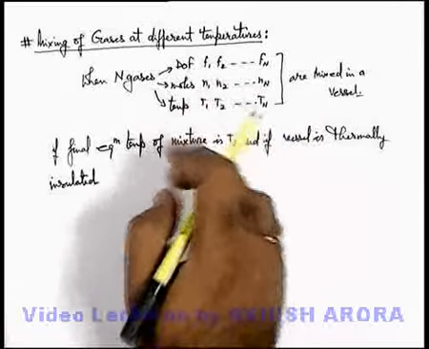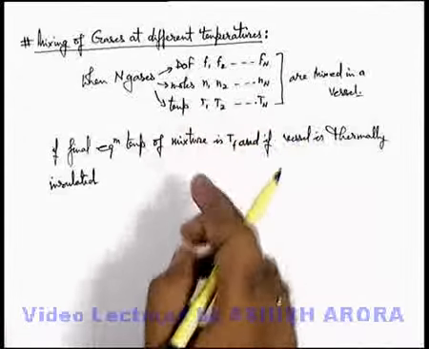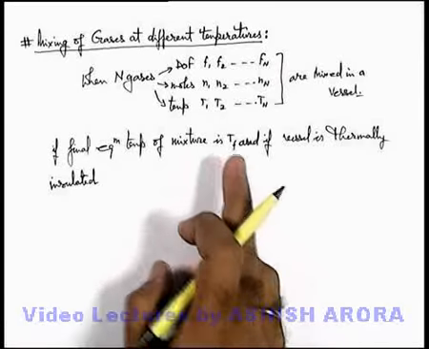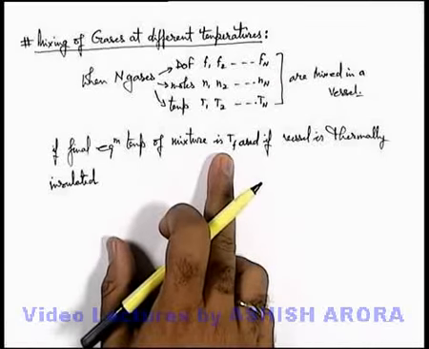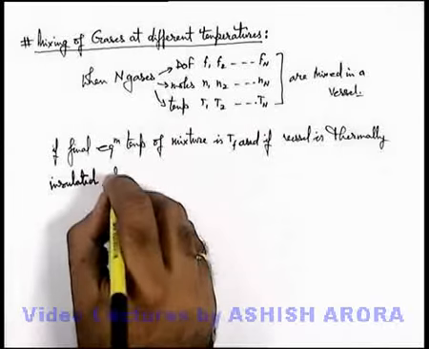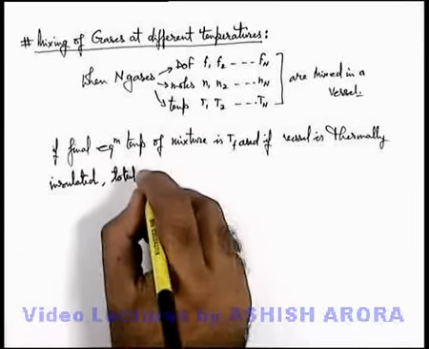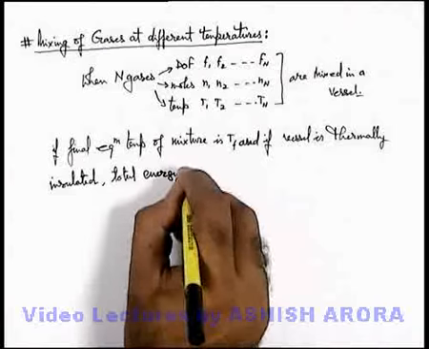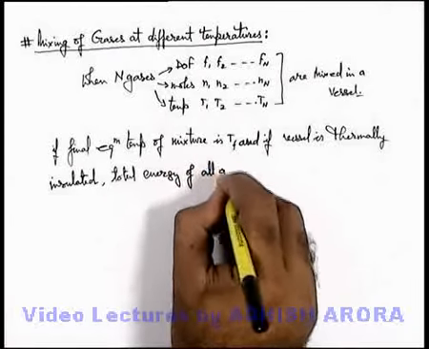These gases are exchanging heat between one another, and finally the equilibrium temperature is Tf. So we can state, as the vessel is thermally insulated, total energy of all gases will remain conserved.